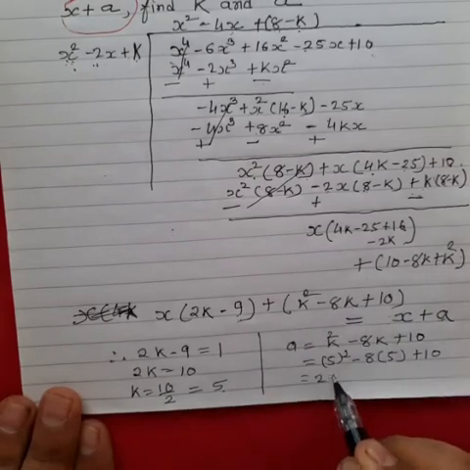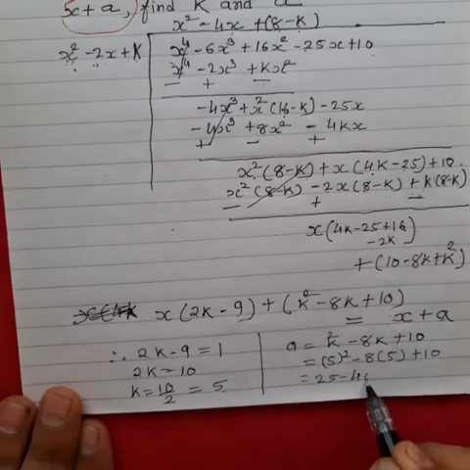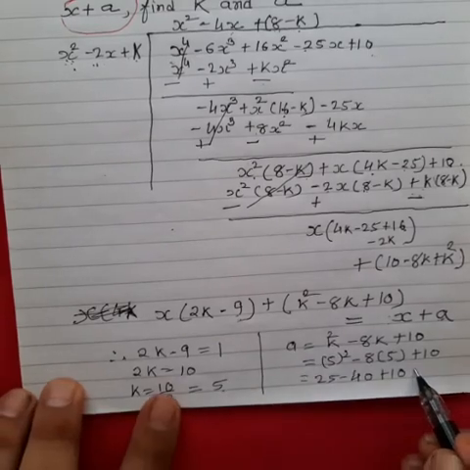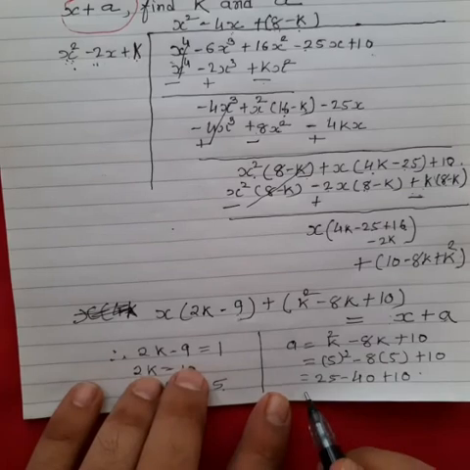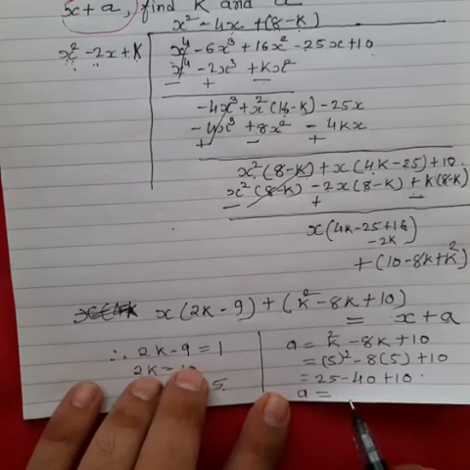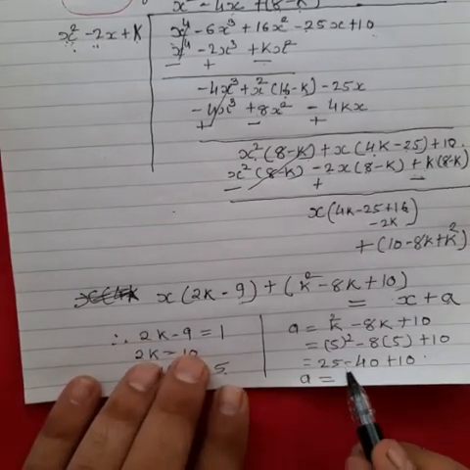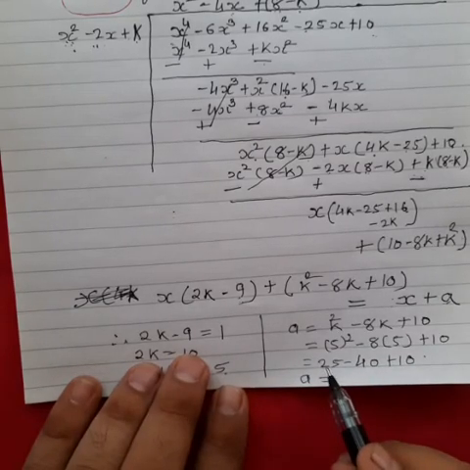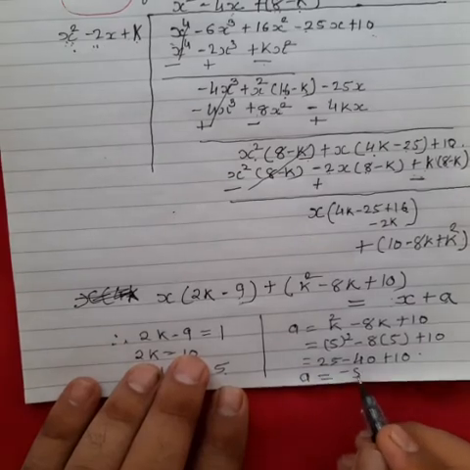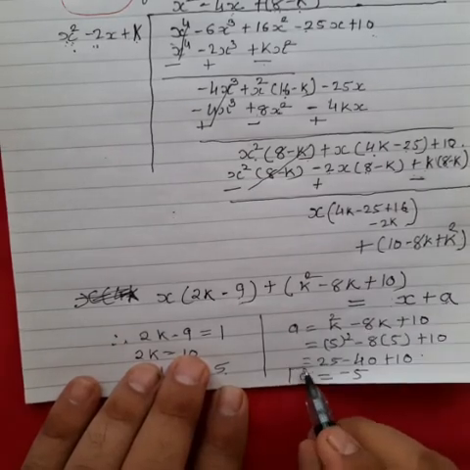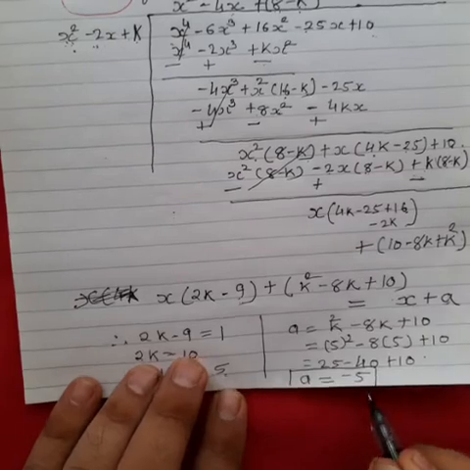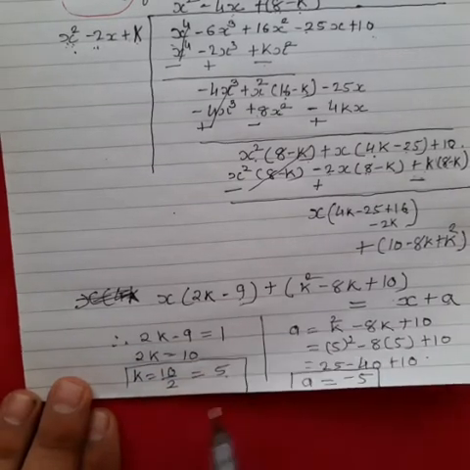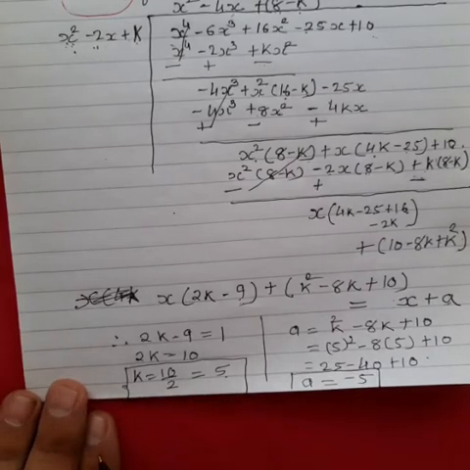So what do you get? 25 minus 40 plus 10. Minus 40 plus 10 is minus 30, minus 30 plus 25, that is minus 5. So value of a, that is minus 5, and value of k, that is 5.